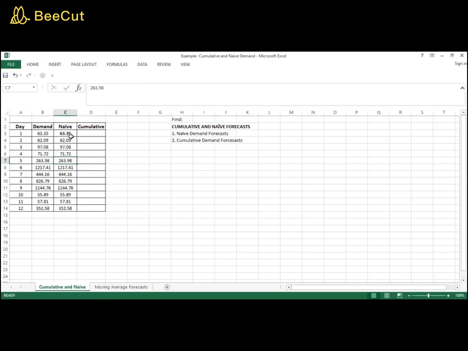So that's naive forecasting for you. And as I mentioned, you do need to be mindful that this particular figure is the forecast for period 2. It is not the forecast for period 1. Period 1, you know what the demand is, and based on that, you have made the forecast for period 2.